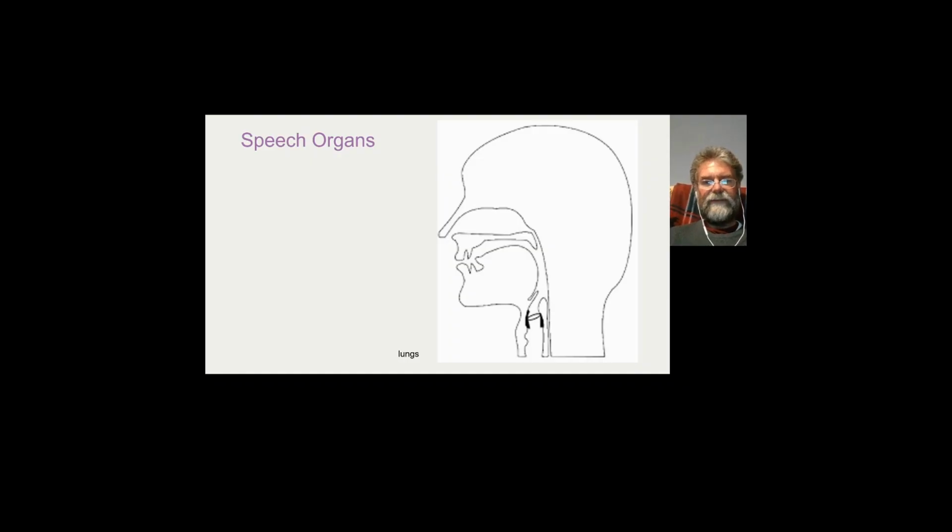Now, the lungs work in a very different way to produce language sounds than they do normally for their other function, that's breathing. With breathing, what we tend to do is have a more or less equal intake of breath and an outtake of breath. It's a very steady process. You breathe in, you breathe out, you breathe in, you breathe out. And that happens quite regularly, and the breathing in time and the breathing out time tends to be more or less the same.